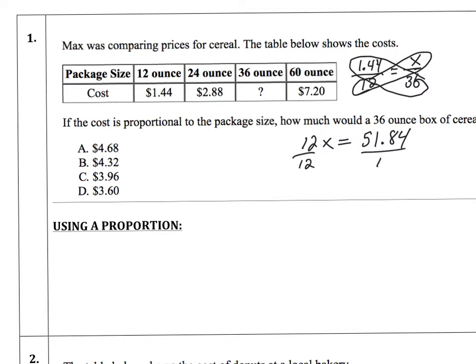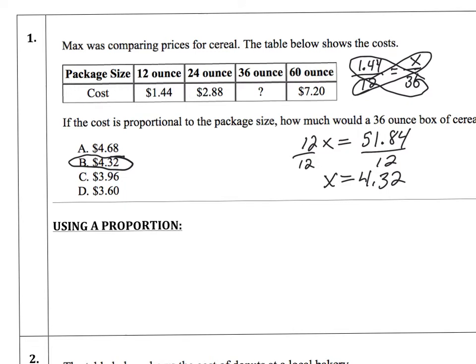X is going to be the value that we're looking for. So I take 51.84, hit divide by 12, and I get X equals 4.32. I find that on my list of choices, so I know I did something right. Okay, and that is all there is to it.